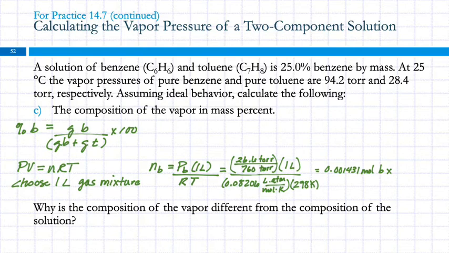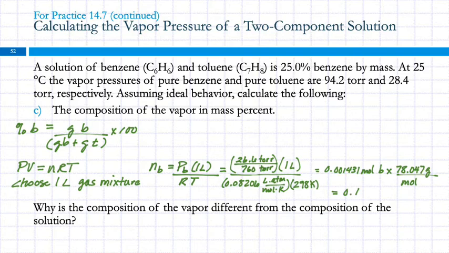Let's see, I believe it was 90, benzene, toluene. The benzene was 78.047. So 0.001431 times 78.047.